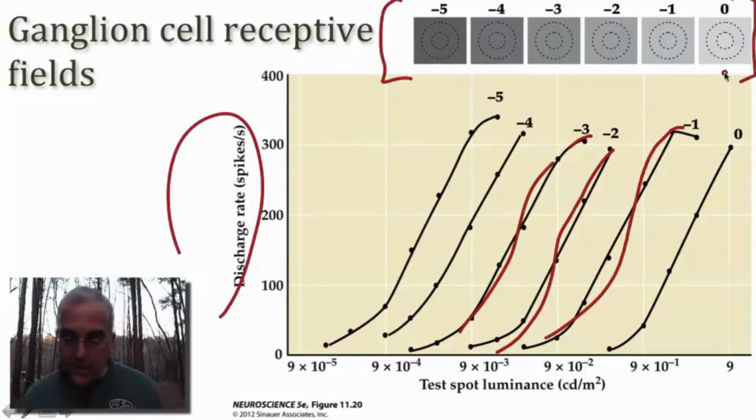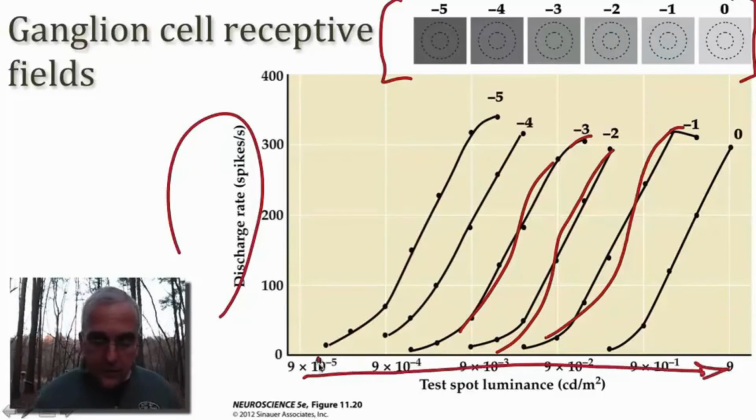And the point here is that a ganglion cell can respond to more than 6 log units of illumination, depending upon the amount of contrast that's present between the center and the surround. This allows vision to happen under a remarkably broad range of environmental conditions.